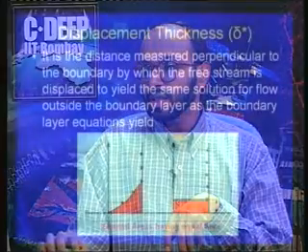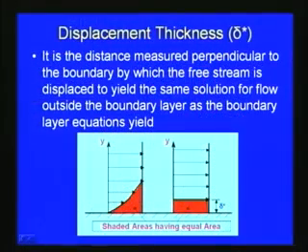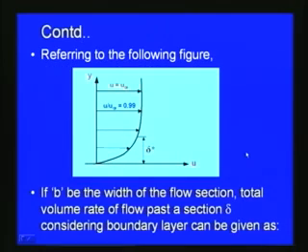Here it is shown in this figure. If this is the boundary layer, then delta star is defined as this distance, by which it is shifted so that the free stream is displaced to yield the same solution. That is defined as the displacement thickness.